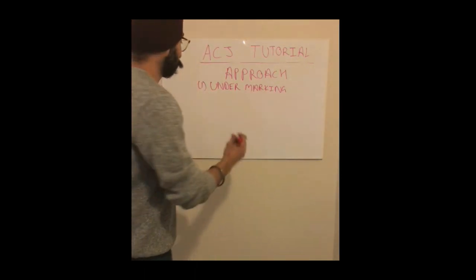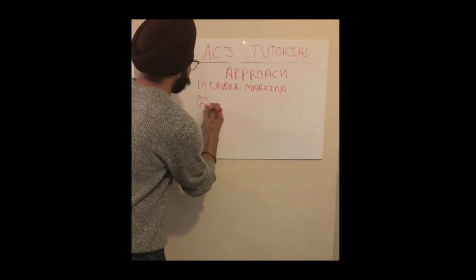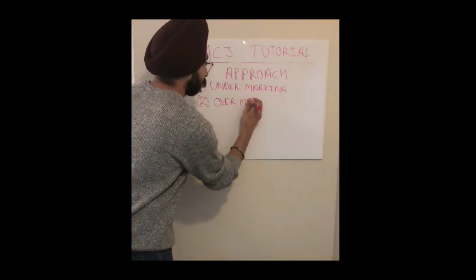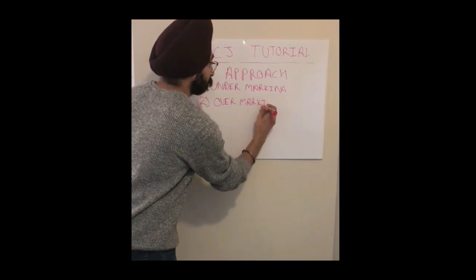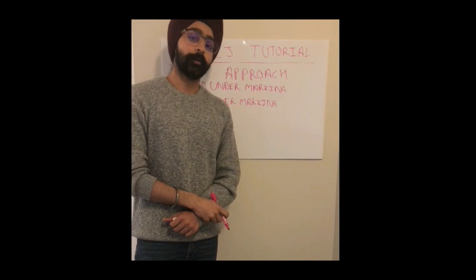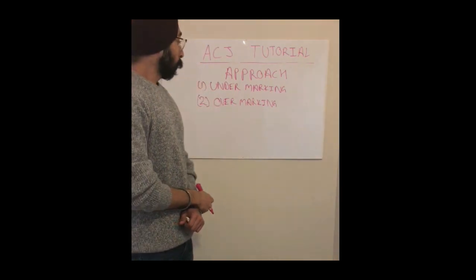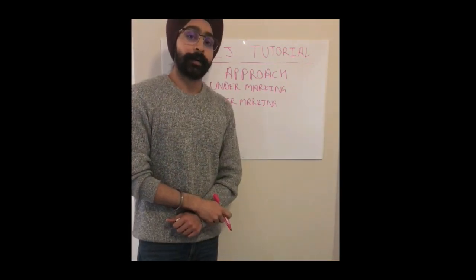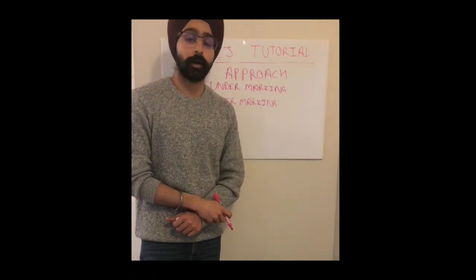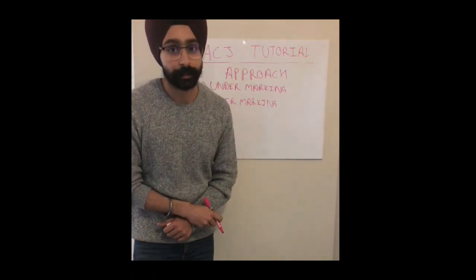The second approach is called overmarking. There are certain types of students who think that a lot of answers may be right, so I should be choosing each and every right answer.